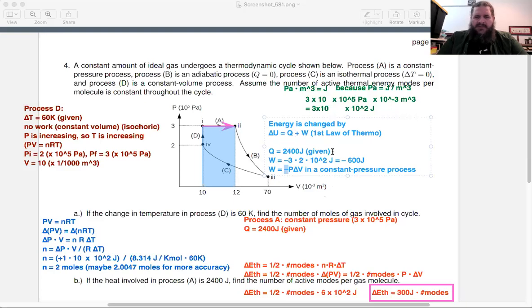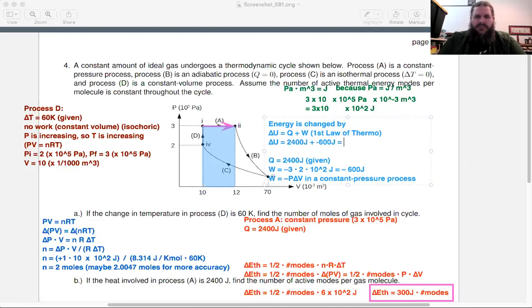So we've got heat, we've got work. We can now put those together and say delta U equals heat plus work for a total of how much? 1,000? Oh, wait, it's negative, sorry. Yeah, because we're essentially subtracting. So yeah, positive 1,800 joules. So that's the amount of change in energy. We know the change in energy, which in this case is just E thermal because there's no phase change, equals 1,800 joules.